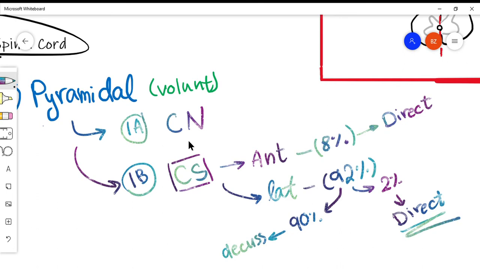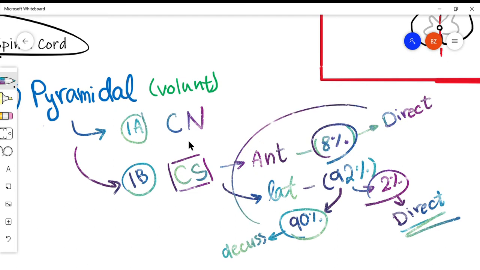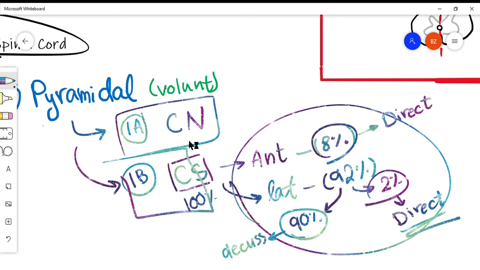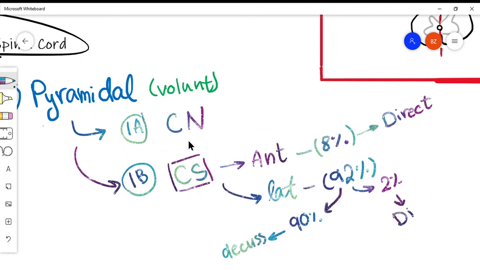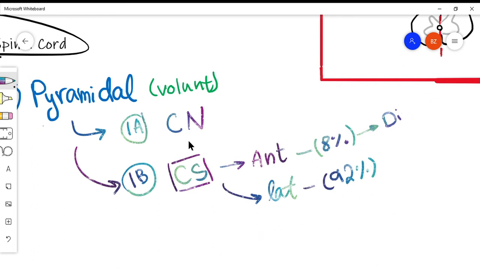So 2% is ipsilateral, 8% is ipsilateral, and the 90% is contralateral, and these percents are all from the 100% of the corticospinal tract, which is one of the two types of the pyramidal tracts that help us voluntarily control our muscles. Okay, I know this all sounds so confusing, but now when we get into the actual stuff, it will make much better sense.